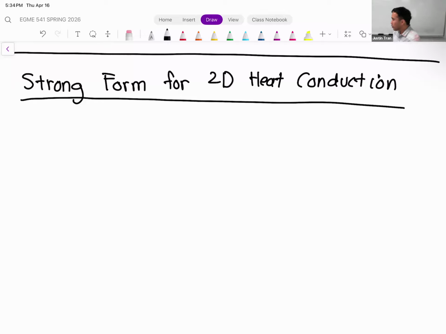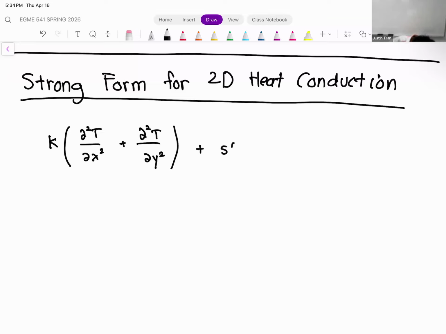All right. So now that we're in 2D, remember, we are working with a partial differential equation. And so our strong form has the following form. We have K multiplied by the partial squared T partial X squared plus partial squared T partial Y squared, plus S of X and Y is equal to 0, where our variable of interest, the variable that we are solving for, is T, which is the temperature field.